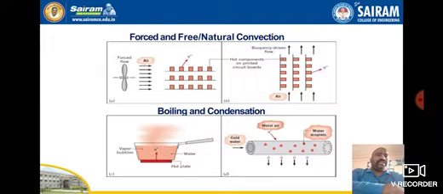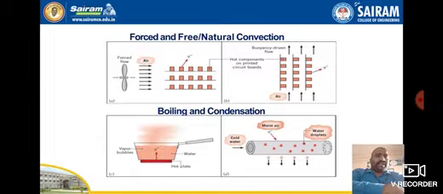Here is the classification of convection, which we have categorized in two: forced convection and natural convection, also called free convection. For forced convection we have to introduce some energy source to increase the rate of cooling, like a fan or blower.